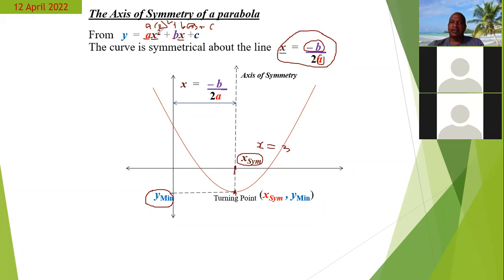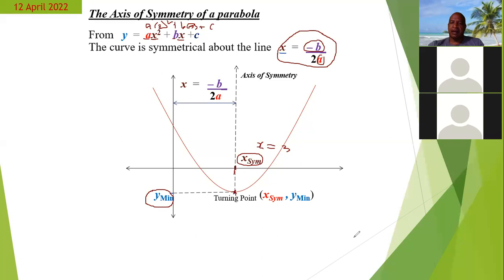So you'd have 3 squared right here, and then now you would have x right here, and then you do your calculation. And so that would give you your y value, which is the y minimum if the curve looks like this, or y maximum if the curve looks like a mountain. That's all I'm saying. Okay, sir.